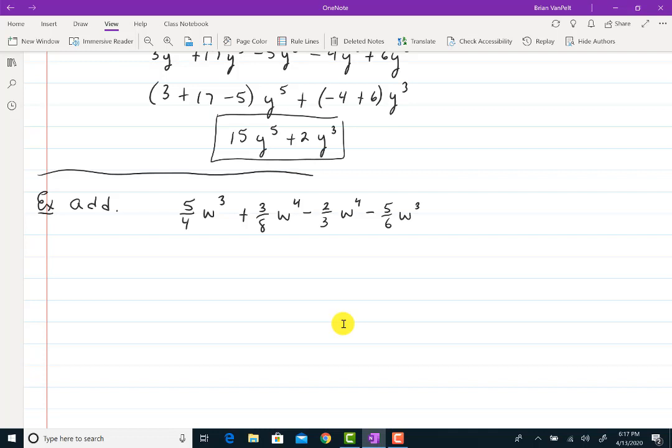So what I'm going to do is probably put all my w to the fourths first. So I will have 3/8 w to the fourth minus 2/3 w to the fourth. And then I'll put the to the third powers after that. As I mentioned, it's just me that does this, where I put the powers from highest to lowest. You're not bounded by that unless your instructor tells you you have to.